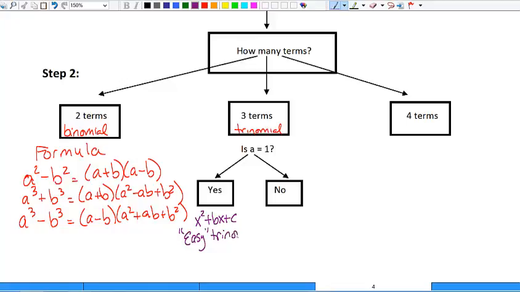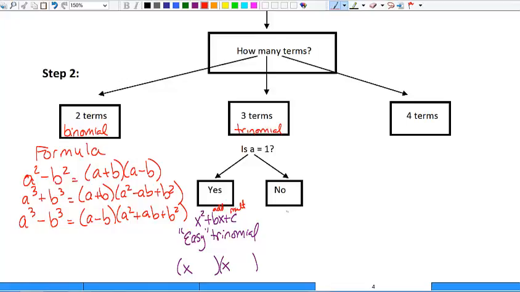In this case, all you're going to do is set your skeleton answer up. You have x and x in the front, and you're looking for 2 numbers that multiply to the c term yet add to the bx term at the same time. So that's your easy trinomial.